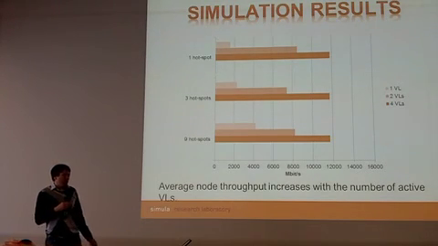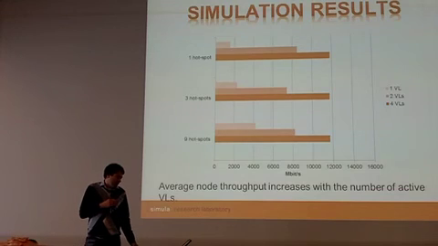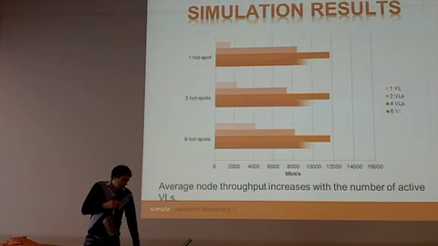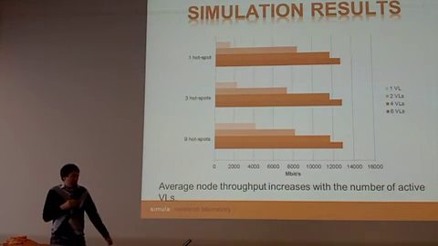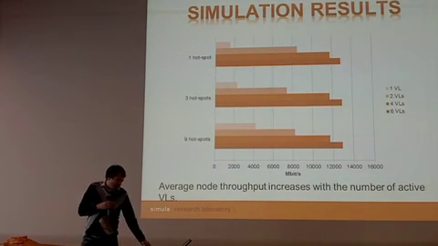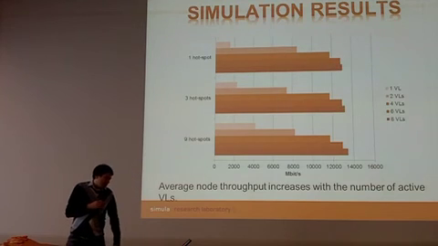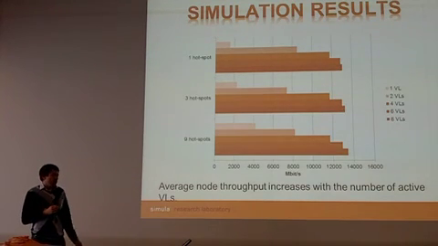There are some incremental improvements when we add further virtual lanes. If we go to 6, there is still some improvement, but it's even less. And at 8, it's just a very small improvement.